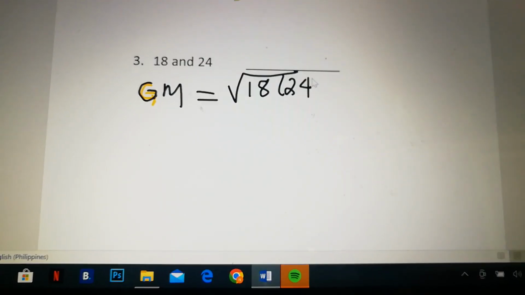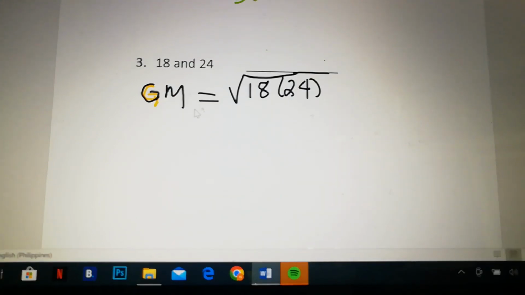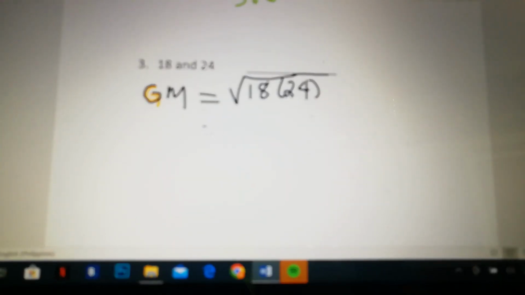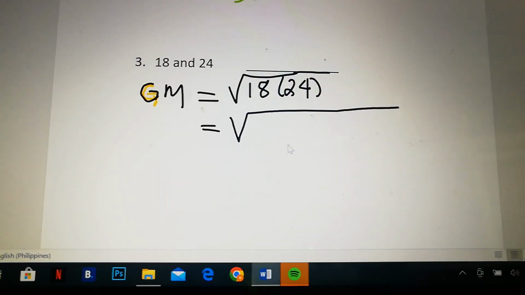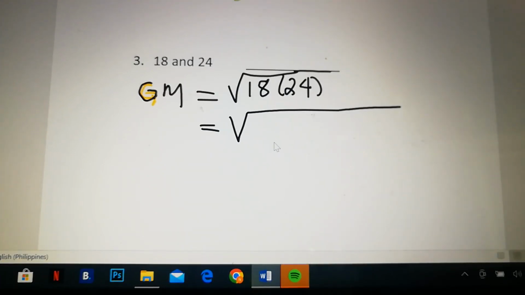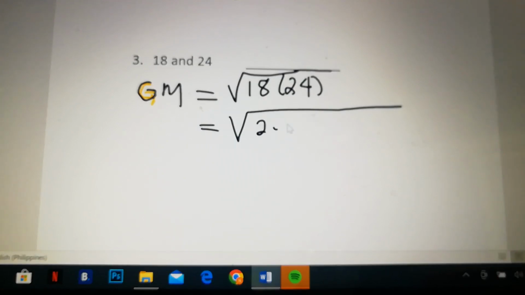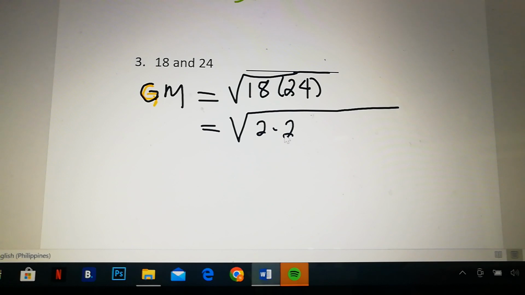So instead of multiplying 18 and 24, you better change them into product of prime factors. So 18 is 2 times 3 times 3, while 24 is 2 times 2 times 2 times 3.